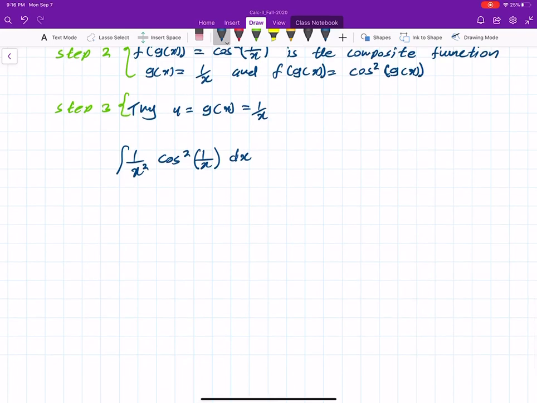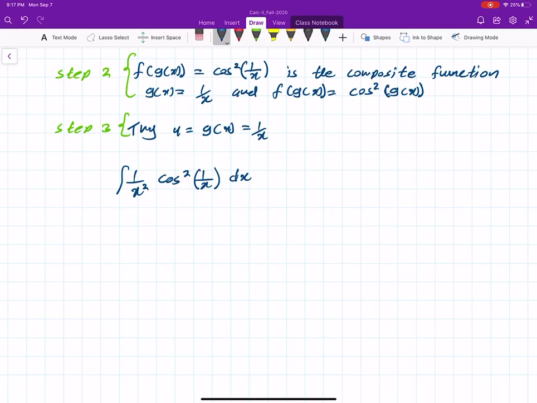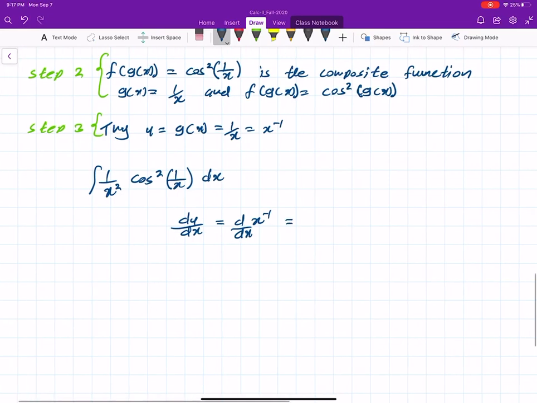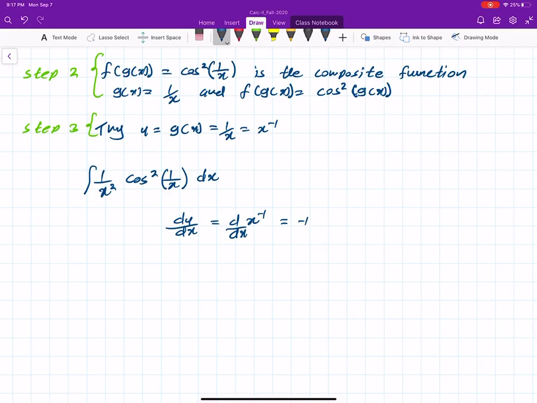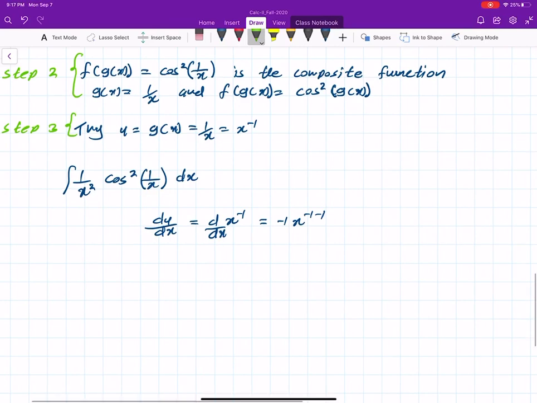All right, now first of all, I'm going to differentiate u. du over dx: I'm going to differentiate u with respect to x. So this can be written down as d over dx of x to the power minus 1. 1 over x means x to the power minus 1. Here I use the power rule. If you can't remember the power rule for differentiation, it is like this.